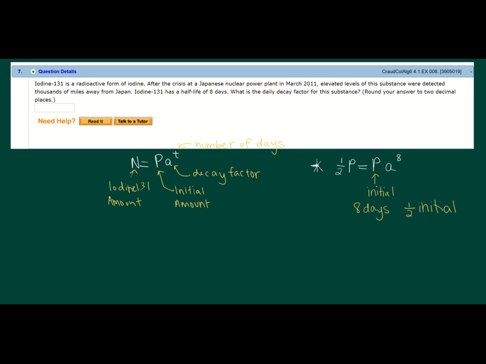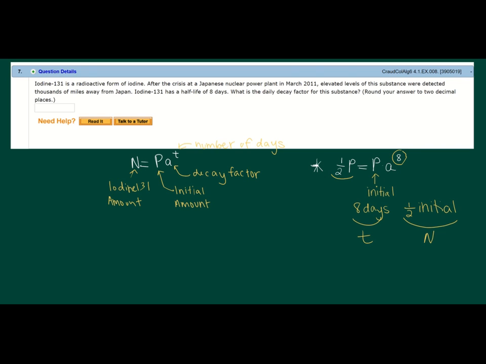It means half of the initial amount has decayed away. So how this comes into play in our formula is I've substituted in 1/2 P for N because 1/2 of the initial value is the amount that I have left. And I've substituted in 8 where t is in my formula because it took 8 days to get half of the initial substance decayed away.